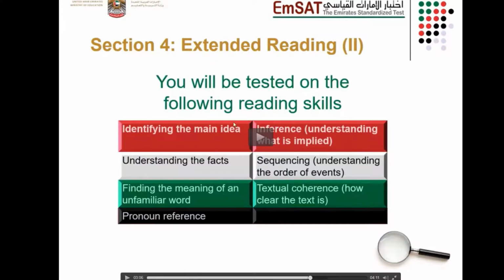Extended reading type, you'll be tested on the following reading skills. You need to practice reading skills like identifying the main idea, understanding the facts, finding the meaning of an unfamiliar word from context clues, making inferences, and identifying what the pronoun refers to.